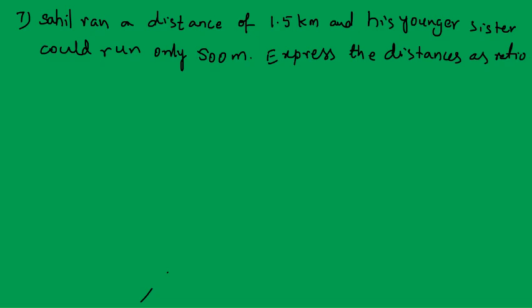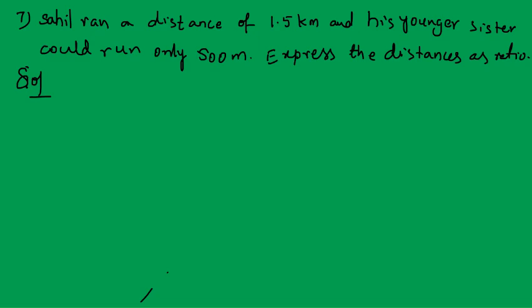So Sahil ran a distance of 1.5 kilometers and his younger sister could run only 500 meters. Express the distances as ratio. Sahil's distance covered is expressed in kilometers, whereas his sister's distance is expressed in meters. When both are of different units, we cannot write in the ratio form.